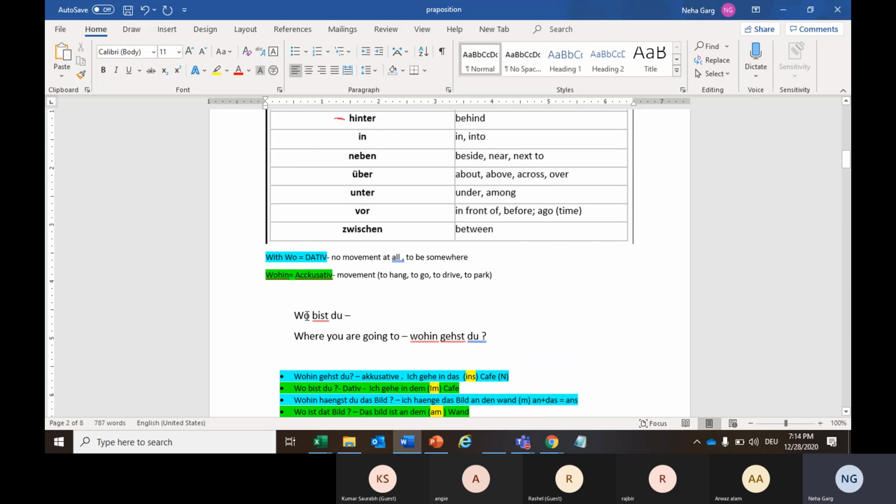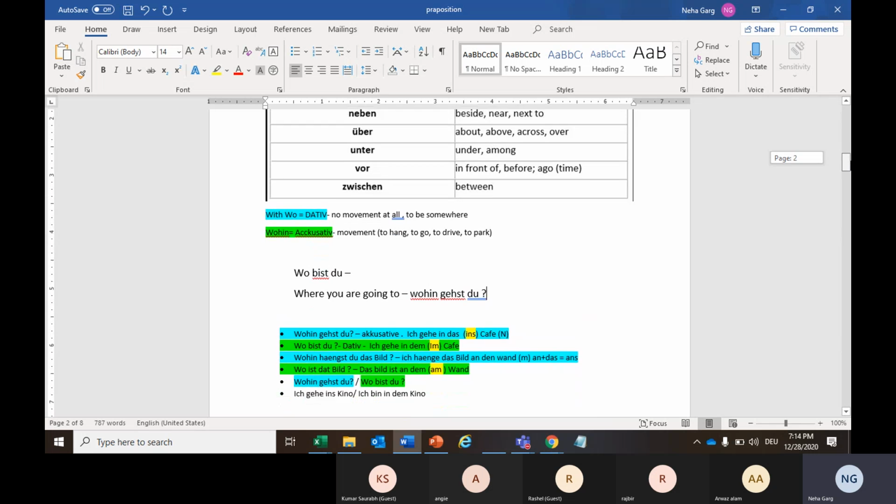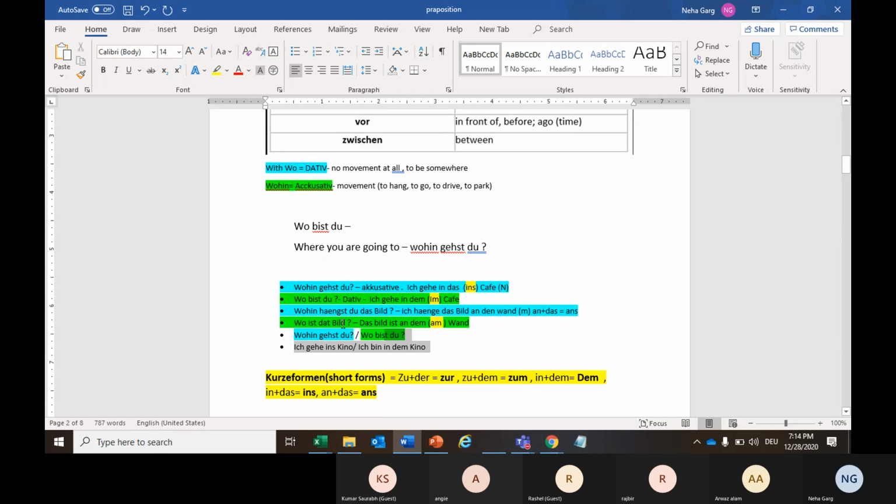So wo bist du, this is dative because there is no movement at all. But wohin gehst du, where are you going to, there is a movement because you are going somewhere, that is accusative. Now let's see some of the examples here.